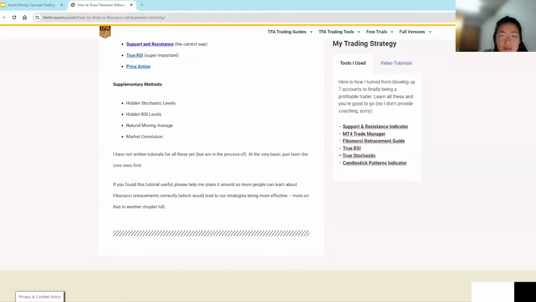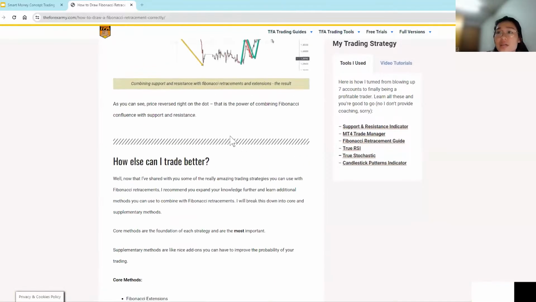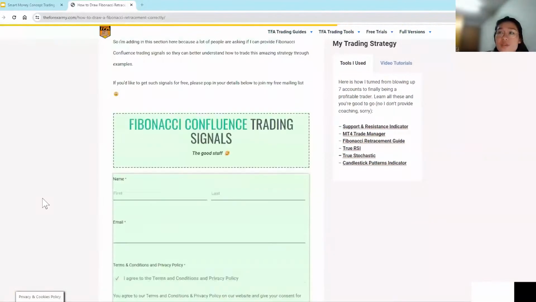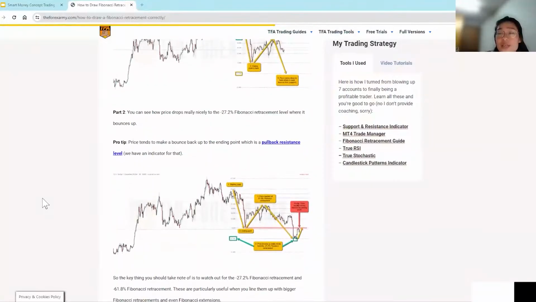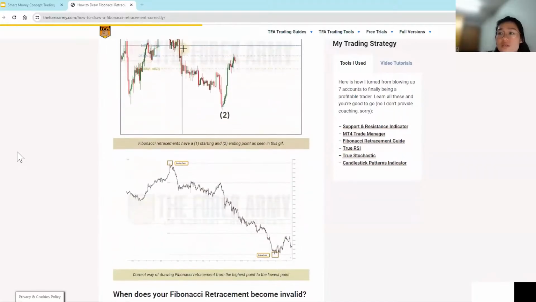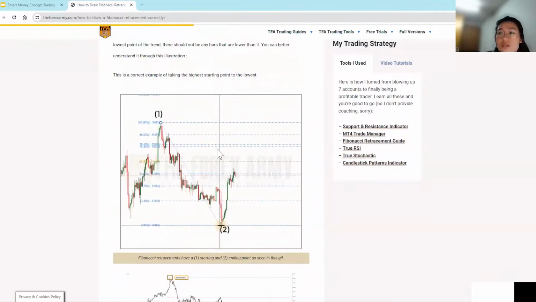This is just for Fibonacci, the different Fibonacci techniques, because I don't have time to go through all of them today. I'm only talking about the one that is recommended by your SMC, which would be these, the retracement.